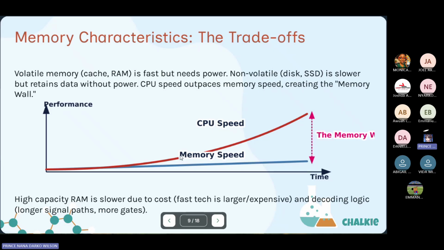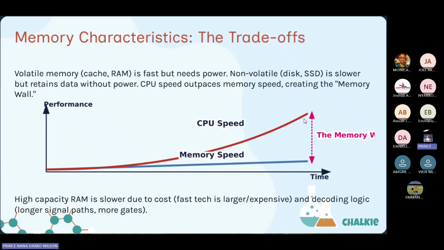Whereas the central processing unit is capable of moving faster than it. Therefore, there is a big disparity between how fast memory allows access of data, and how fast the central processing unit is potentially able to run. This creates the memory wall, where the central processing unit is capable of going faster, but due to how slow the access time of memory is, it is restricted to moving slower.